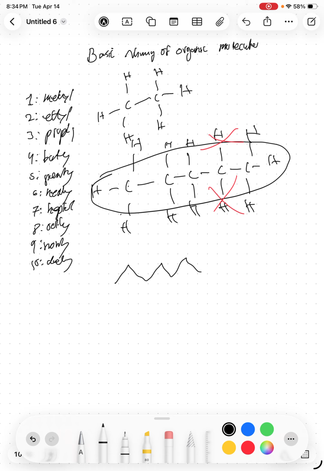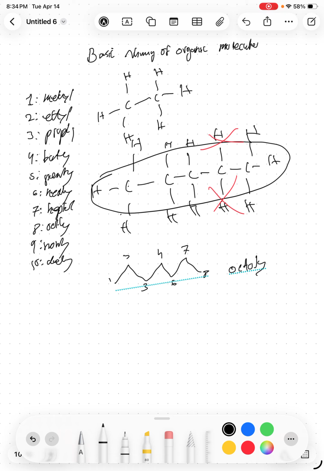So let's see how many carbons I drew: 1, 2, 3, 4, 5, 6, 7, 8. You can see that I drew 8. So what is going to be the name? It's going to be octyl.